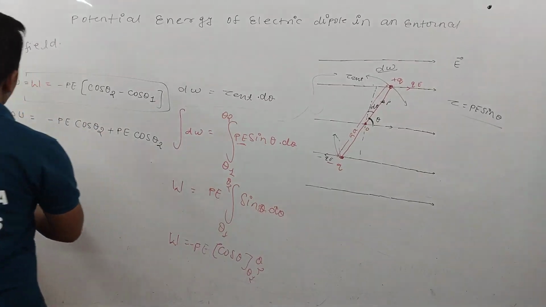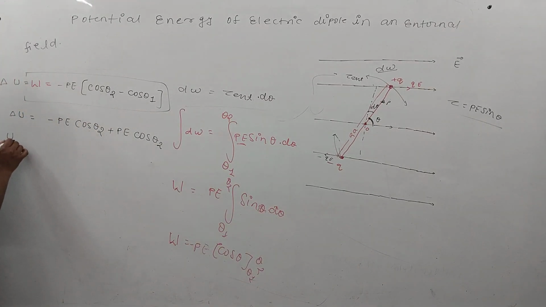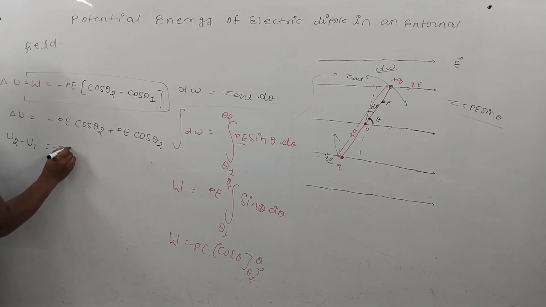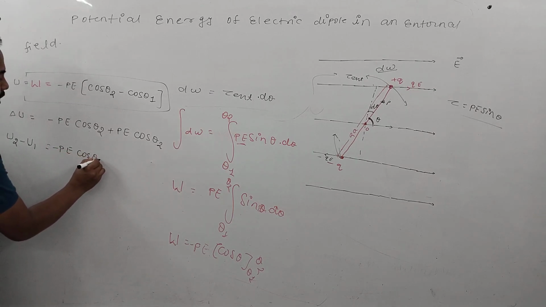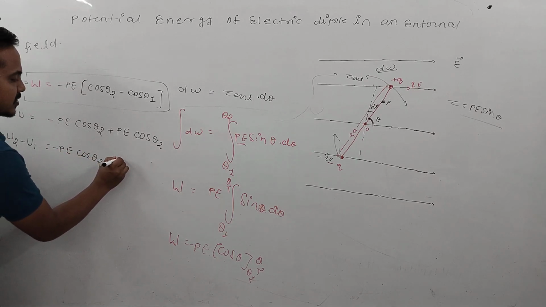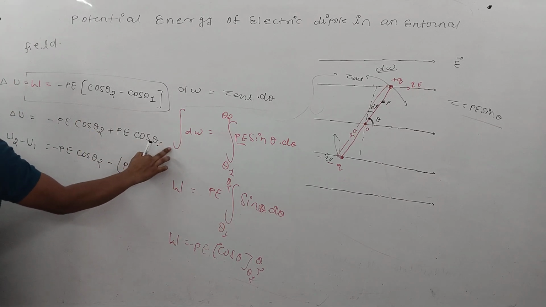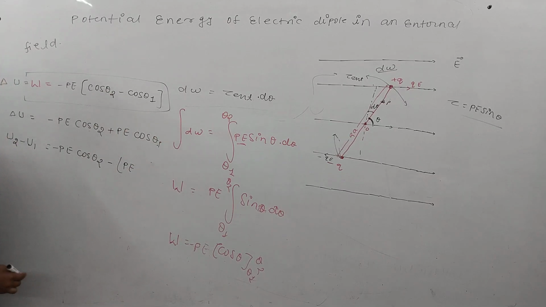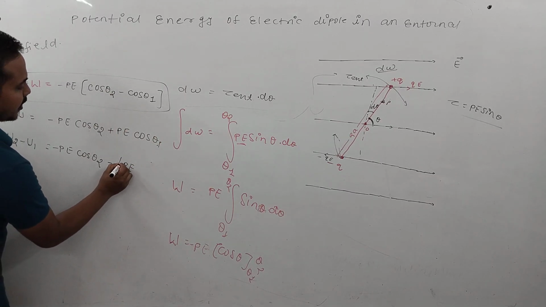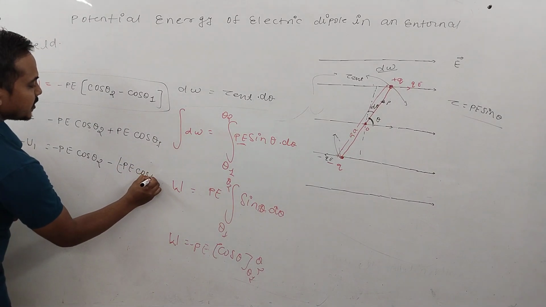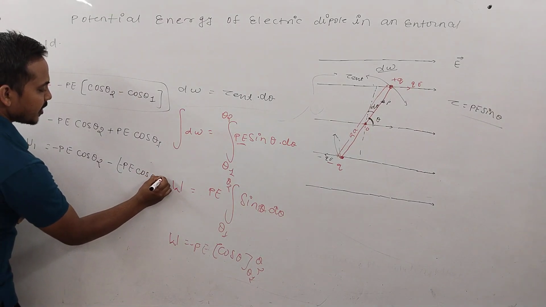So this is written in the form of U2 minus U1, and separates as minus pE cos theta 2 minus of minus pE cos theta 1.